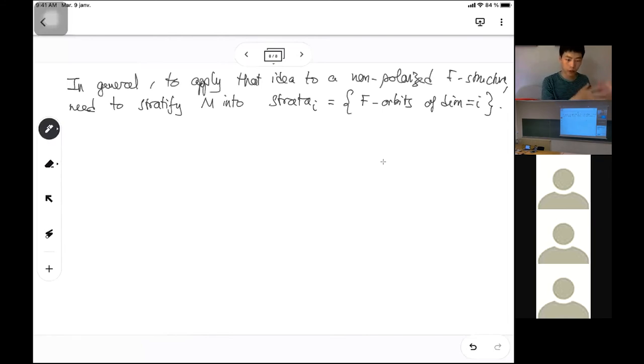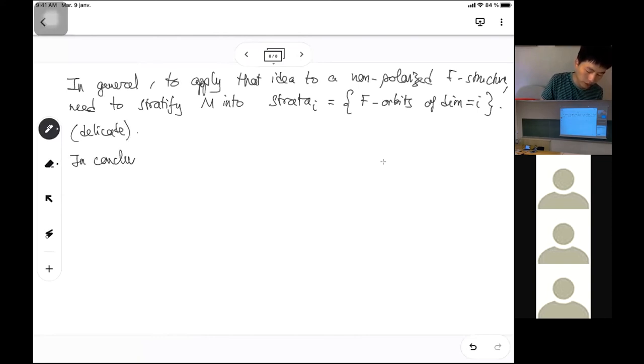So you need somehow to decompose your manifold into places where the orbit has a fixed dimension and find those kind of fake polarization and do the rescaling trick. So that's a bit delicate.